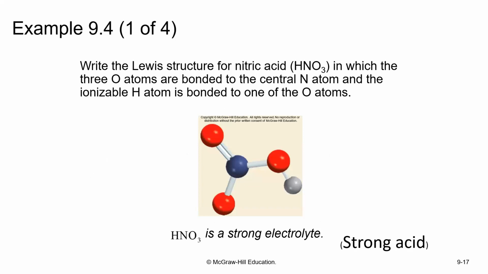So here's our HNO3. If it's a strong electrolyte, it is a strong acid. That we need to know. So here's our hydrogen. We're pulling electron density towards the O. So we're actually pulling on that electron, the electron that belonged to the hydrogen.